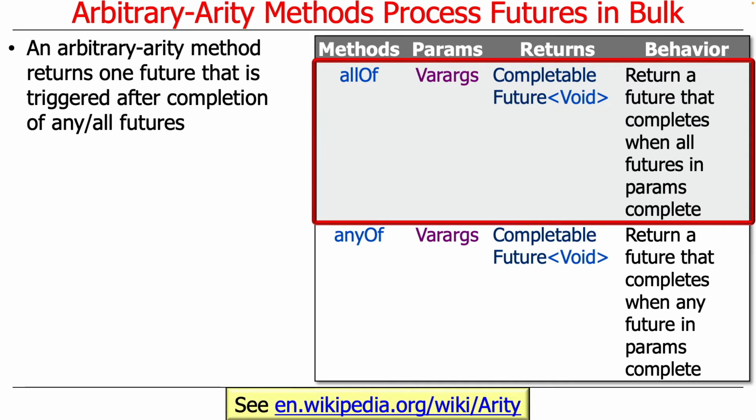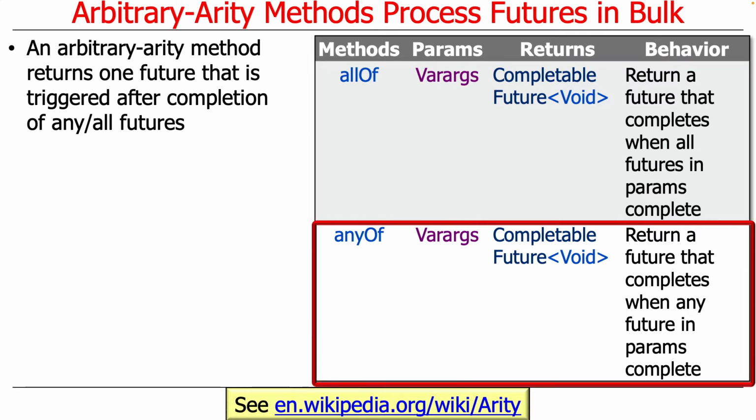There are two arbitrary-arity methods. One of them is called allOf, and allOf takes a variable length argument parameter, so it could be an arbitrary number. It returns a completable future of void, which, as we'll see, is a little wacky. It gives us back one completable future that completes when all the completable futures passed as the varargs parameter have completed.